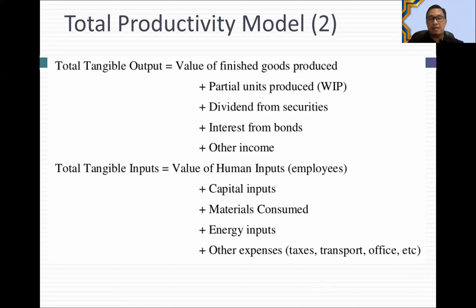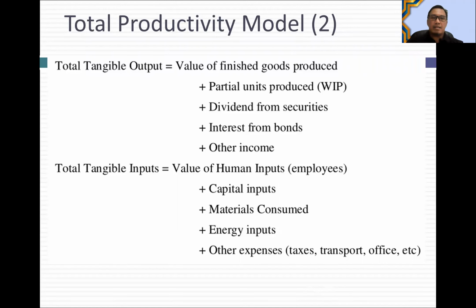For example, if a manufacturing company produces 1,000 units of finished goods and the price for each unit is $1, the value of finished goods is 1,000 times $1, so it's about $1,000. That's the first one, the value of finished goods produced.